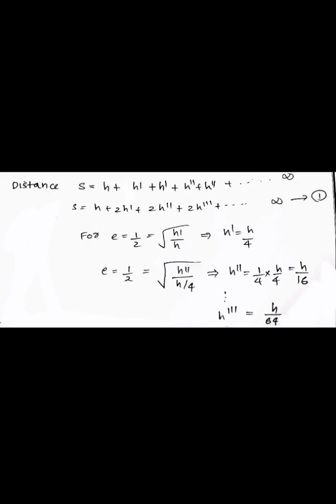This is equal to square root over h double dash by h by 4, because E is defined as the square root over the height of the next bounce divided by the height of the previous bounce, so that it is written like this. That is h double dash can be written as 1 by 4 into h by 4 is equal to h by 16. Similarly, we can write h triple dash as h by 64.